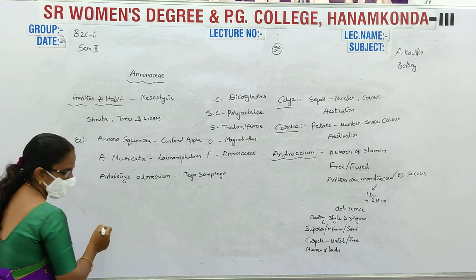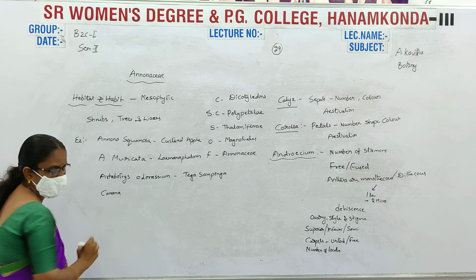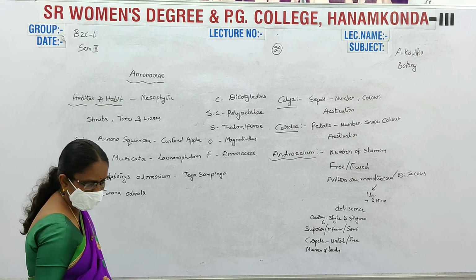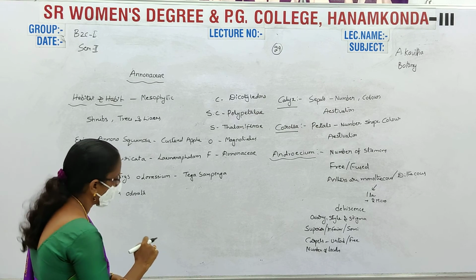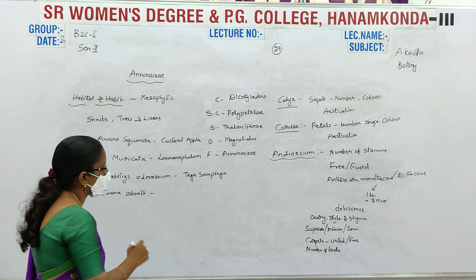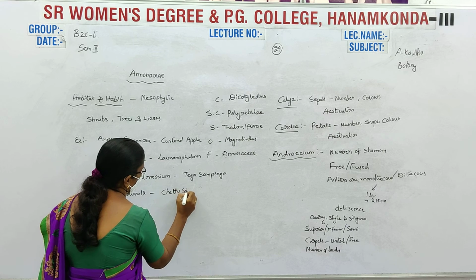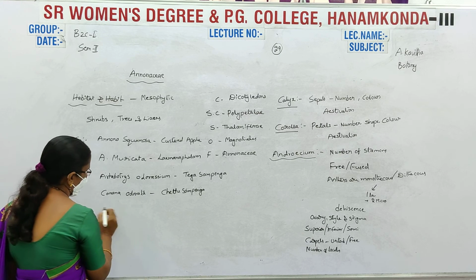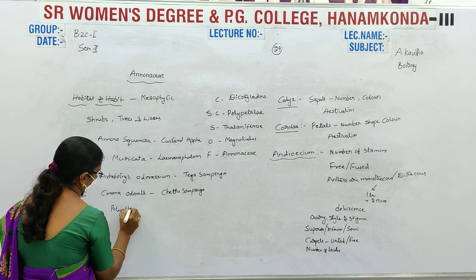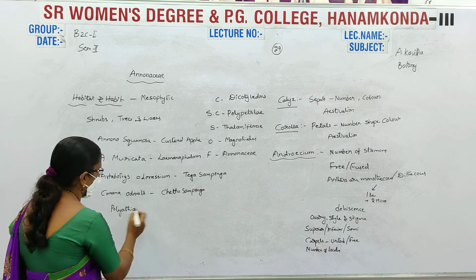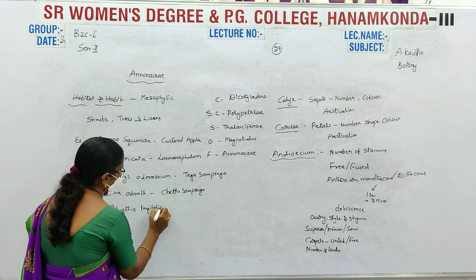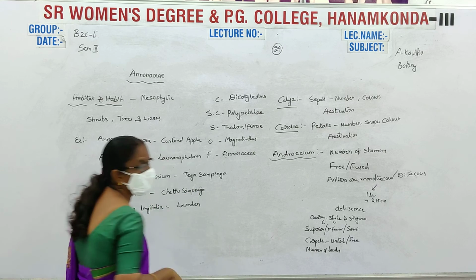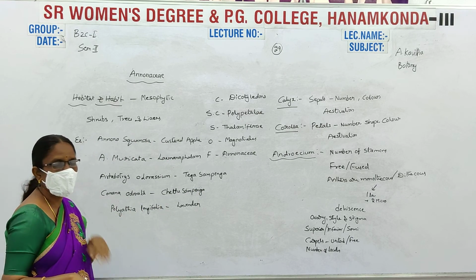And Cananga odorata, whose common name is Chettu Sampangi. Next is Polyalthia longifolia, whose common name is Lavender.